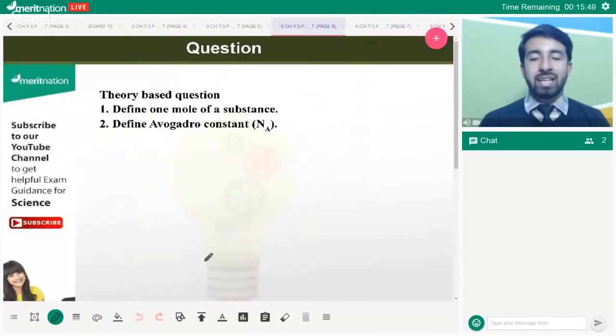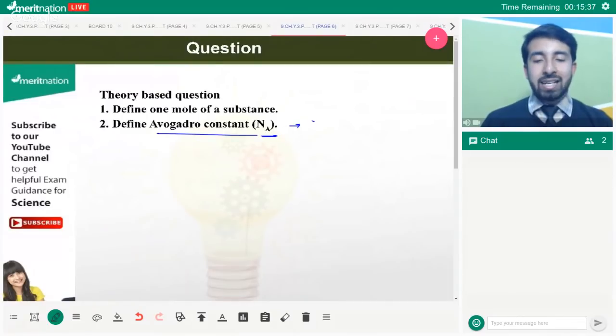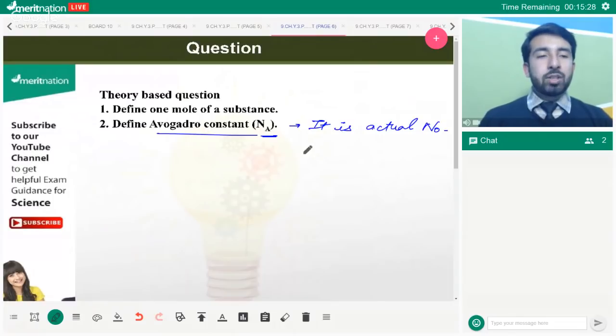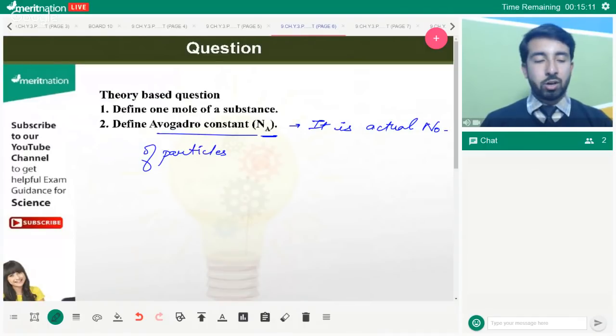The next question is: define Avogadro constant. So let's quickly list it down. We all know the Avogadro constant, or Avogadro number, is denoted by Na, and it is the actual number of particles in 1 mole of any substance.